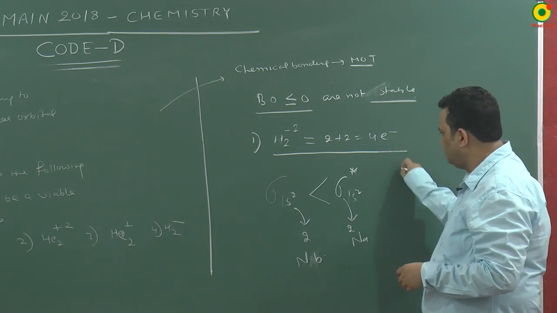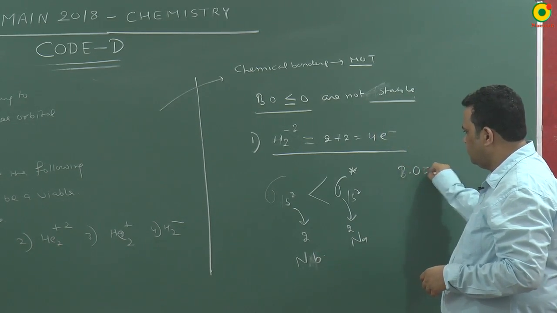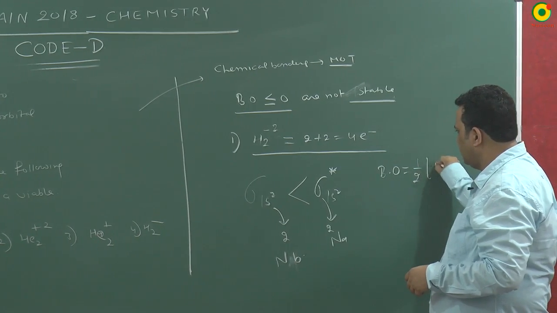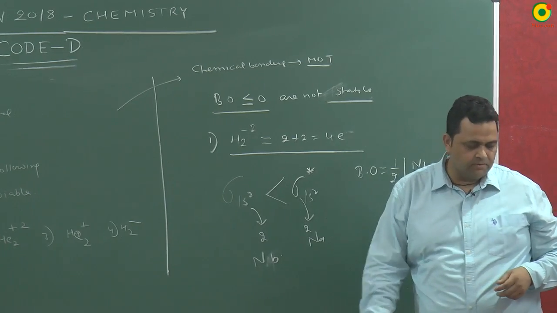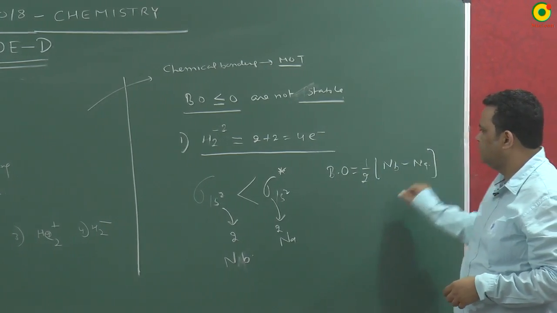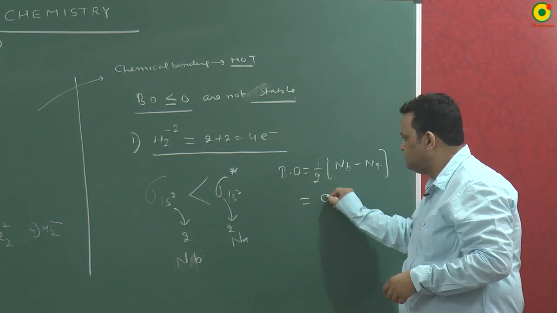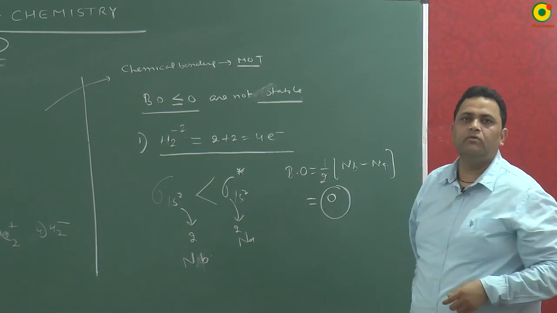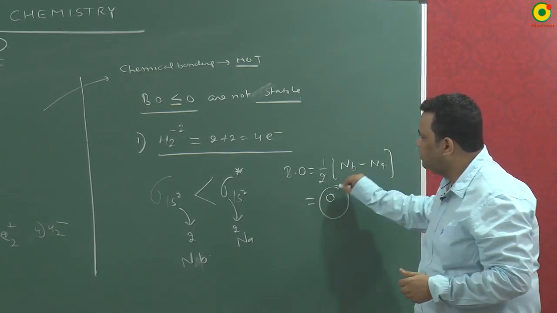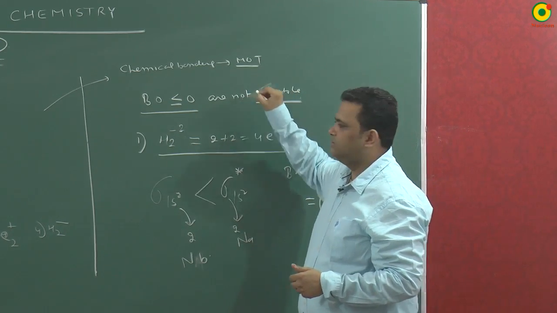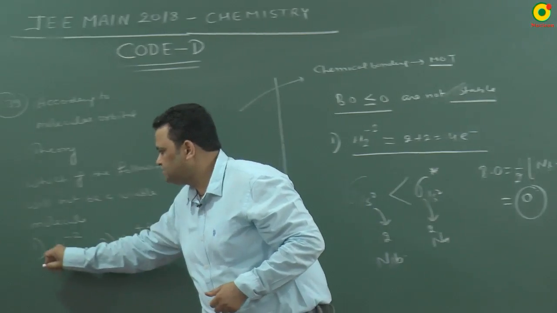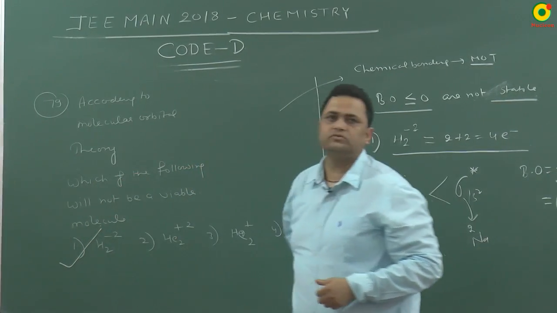The formula for bond order is 1/2 (Nb minus Na), number of electrons in bonding orbitals minus number in anti-bonding orbitals, and it is coming as 0. Zero means no bond is formed, and the molecule is not stable in nature. So the first option is the answer, H2 2-.